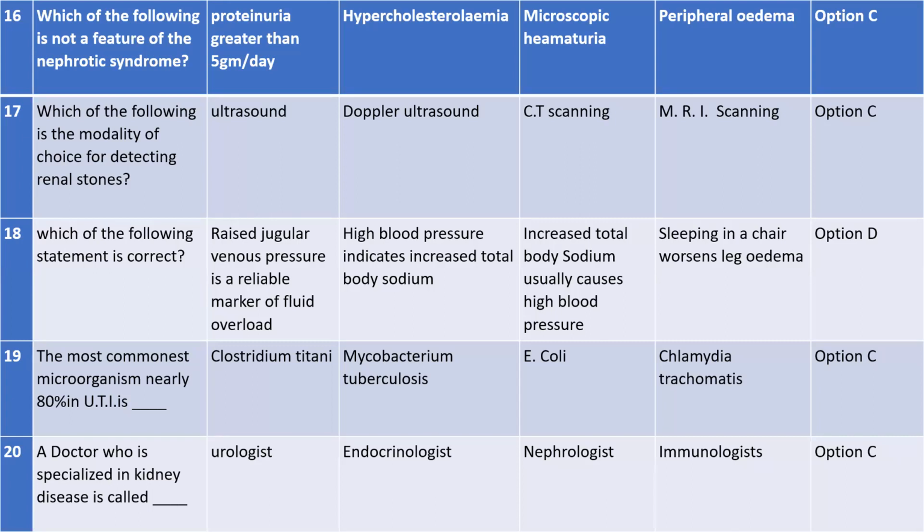Coming to number 20, a doctor who is specialized in kidney disease is called? That doctor is called a nephrologist, okay? A doctor who is specialized in kidney disease is called a nephrologist.